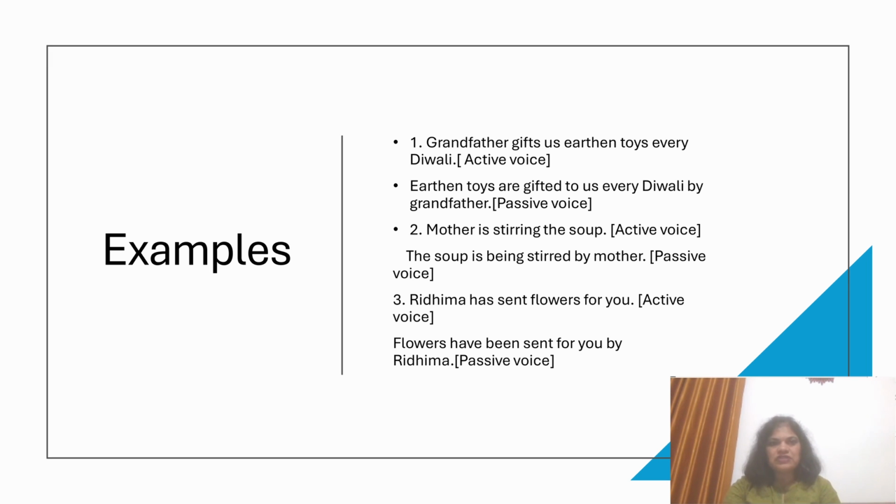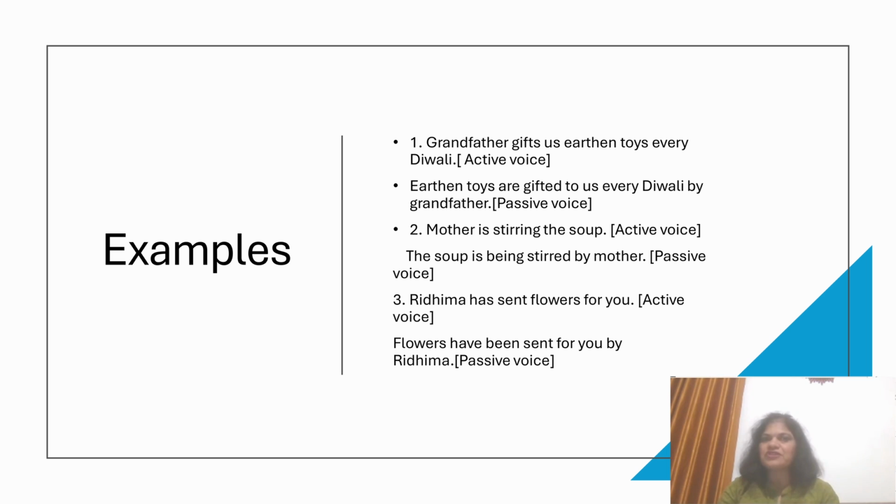Now, in this chapter, we'll take some examples. Grandfather gifts us earthen toys every Diwali. It's an active voice because here grandfather performs some action. So, subject is grandfather and object is earthen toys. So, here when we change the sentence into passive voice, now earthen toys, the object, will become the subject. Earthen toys are gifted to us every Diwali by grandfather.